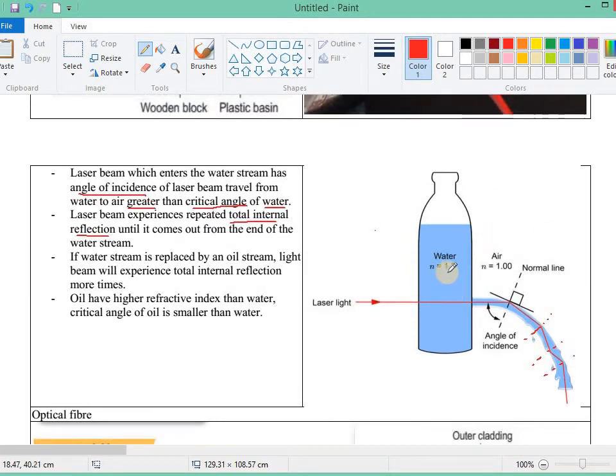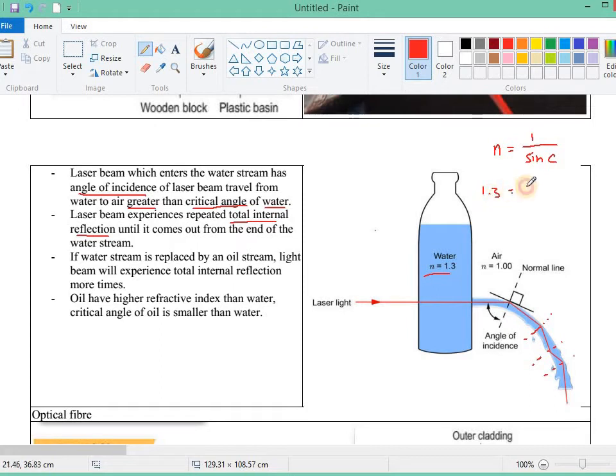Okay, so for example here, the refractive index of water is 1.3. So we can calculate the critical angle of water. The refractive index equals 1 over sine C, where C is the critical angle. So let's calculate the critical angle of water.